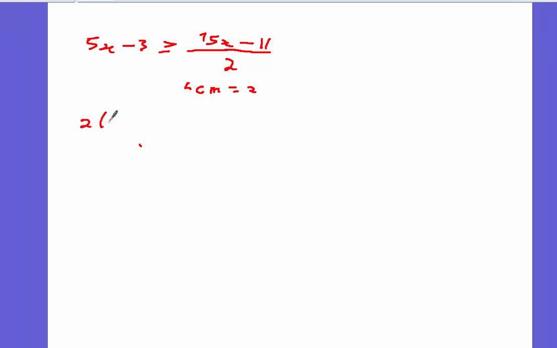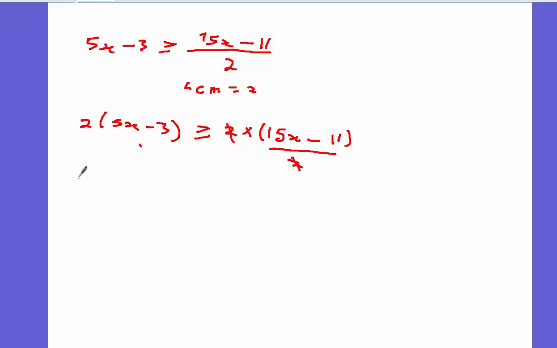So 2 bracket 5x minus 3 greater or equal to 2 times bracket 15x minus 11 out of 2. So these 2 will cancel out these 2.